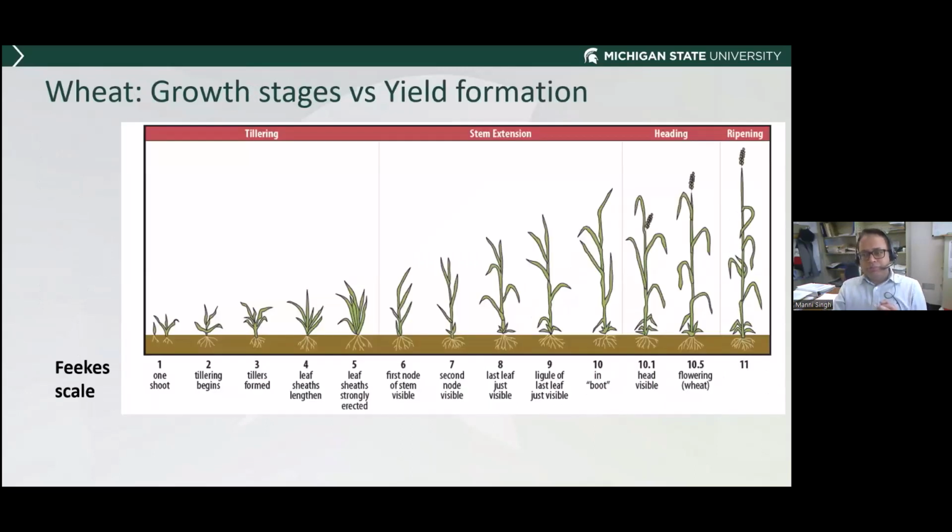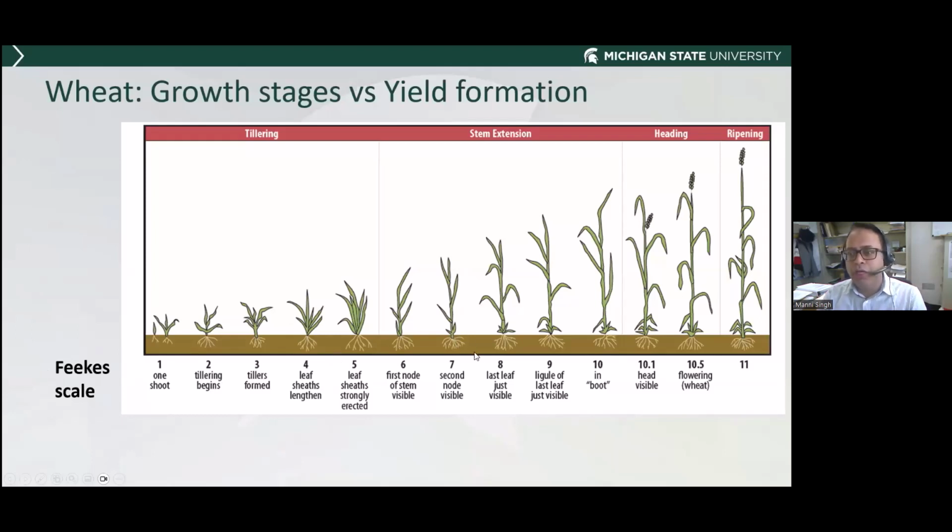Let's start by looking at a crop that's out there in the field actively growing, right? It's been a couple of beautiful days here. A lot of these growth stages are driven by temperature, amount of heat, and wheat is progressing nicely. In wheat, the most commonly used scale is what we call Feekes scale, which is divided into these different growth stages, starting with tillering, where you can see the plant starts with emergence and then it starts tillering, goes into winter dormancy and starts coming back.